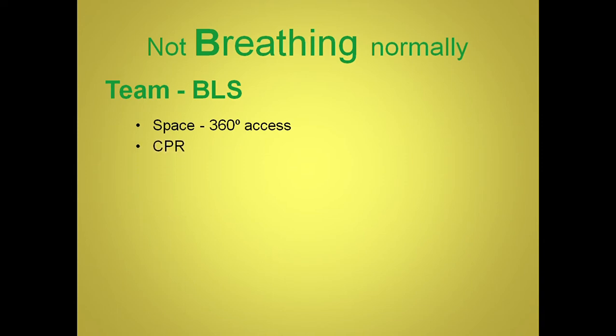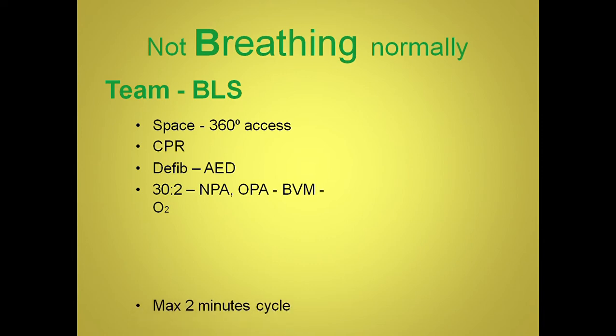When we then start the CPR, we're going to get into the chest compressions and attach the defibrillator around the person doing the chest compressions. We will adopt a ratio of 30:2, and the person who is above the head may well have some airway adjuncts they can use, such as a nasopharyngeal airway, an oropharyngeal airway, and as we mentioned, we're going to be using a bag valve mask attached to oxygen.